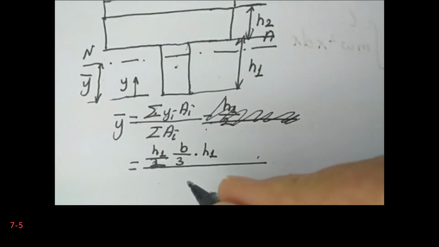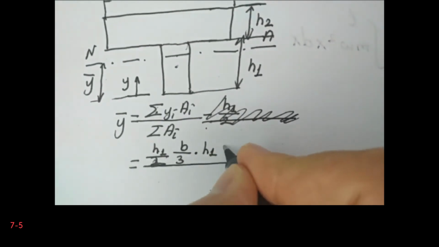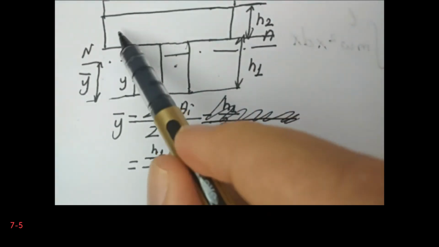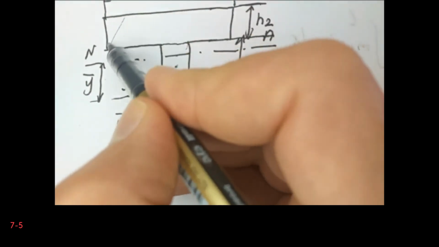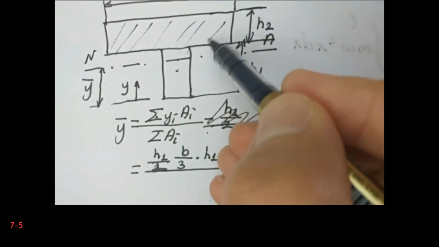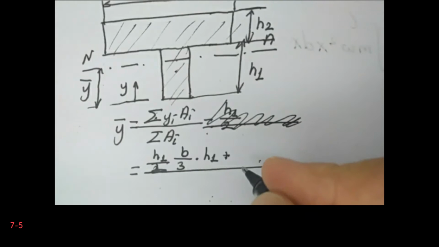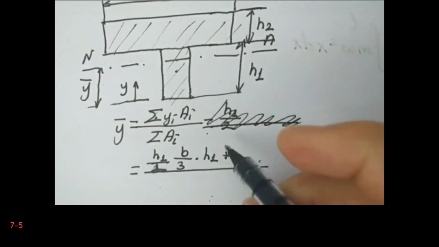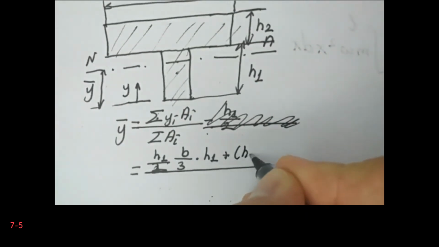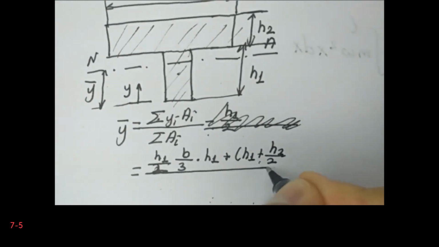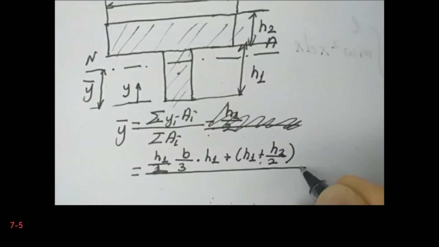And next is the area of the flange, this part. So the centroid of the flange is located at h1 plus h2 divided by 2 multiplied by its area.